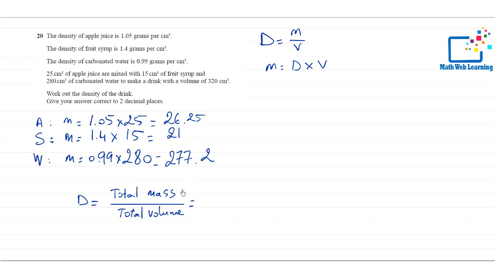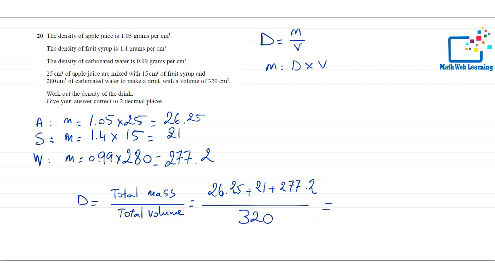To do that, we need to add up all the masses, the three masses. That's 26.25, add 21, add 277.2. And the total volume is being given to us. It's this one here, 320. So go ahead and do the calculation.